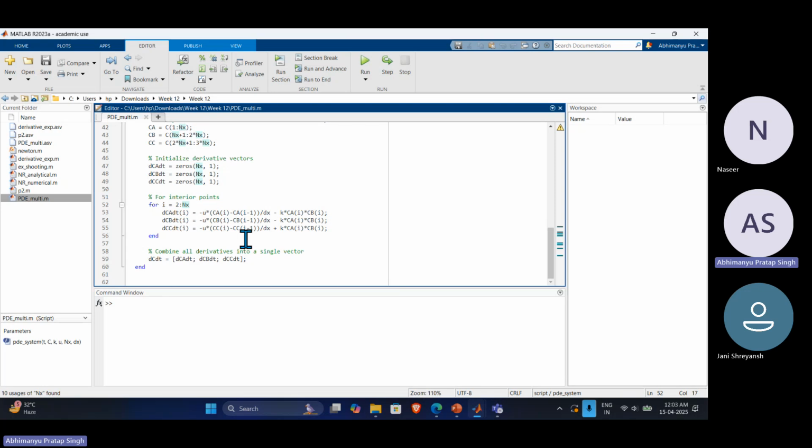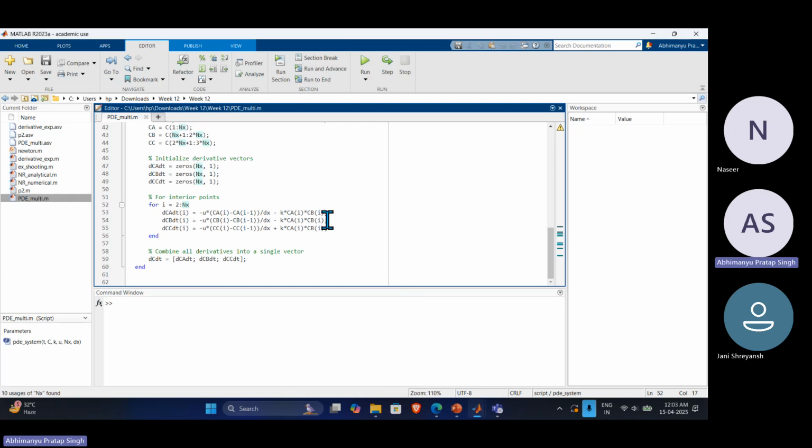We saw that last week also, for one problem which was similar in nature, but for a single variable case, we saw that using central difference we were getting oscillations, right? But for backward difference, the oscillations were not there. The solution was much more stable.